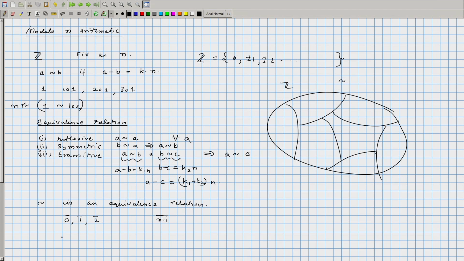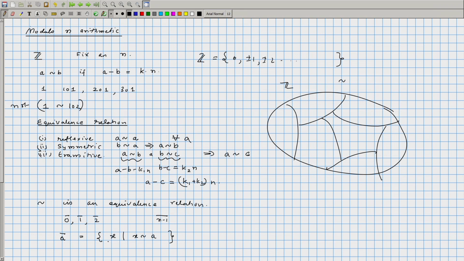Okay. Where a bar consists of all elements x such that x is related to a. If you take all the elements related to any particular element, that forms one particular equivalence class, and therefore there can be only n equivalence classes.